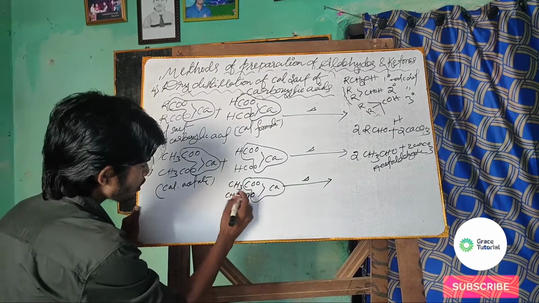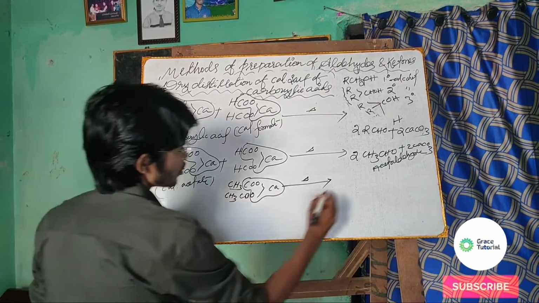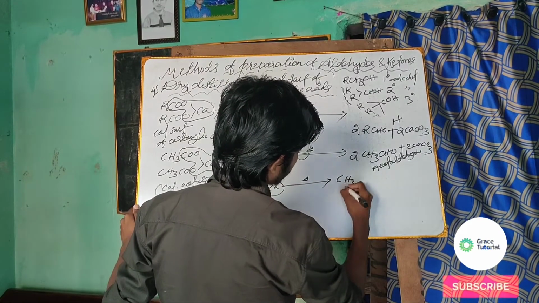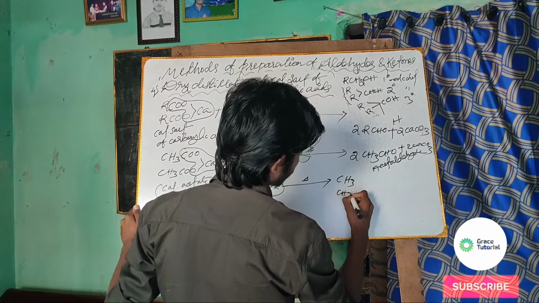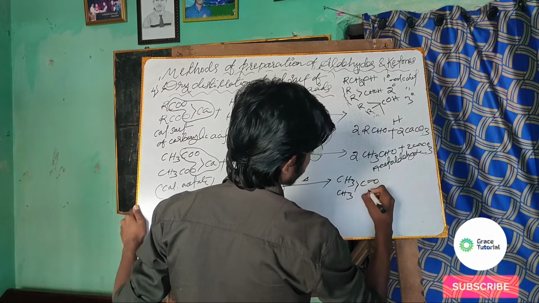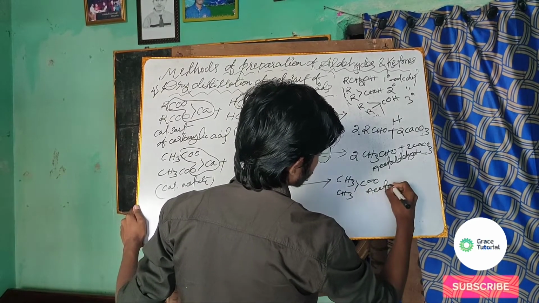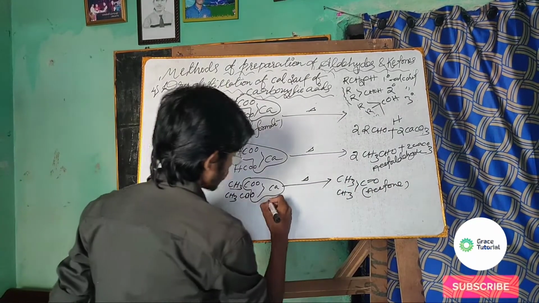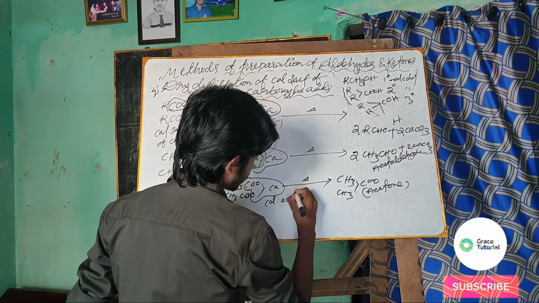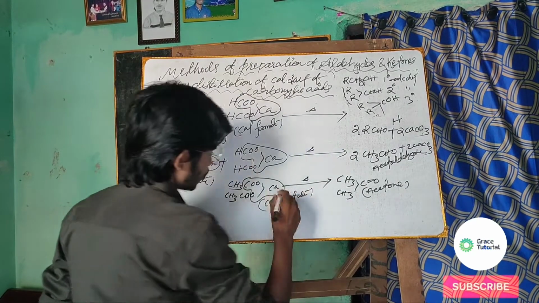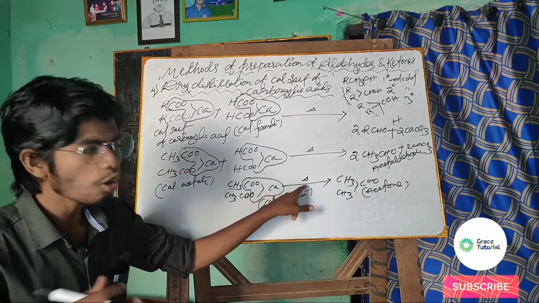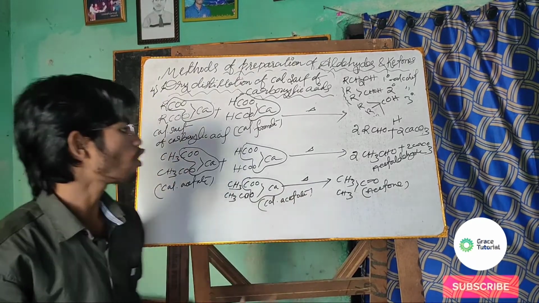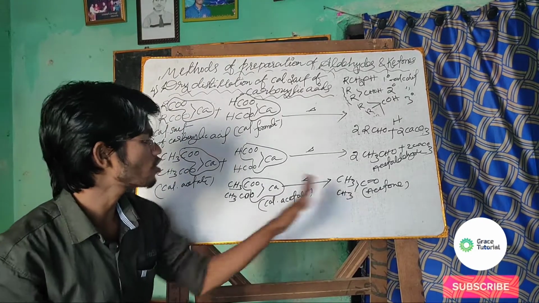But what remains here? CH3CO, CH3, CH3COCH3. So acetone results. We need to remember here, when calcium acetate is heated only individually, then acetone forms. That means a member of the ketones is obtained.